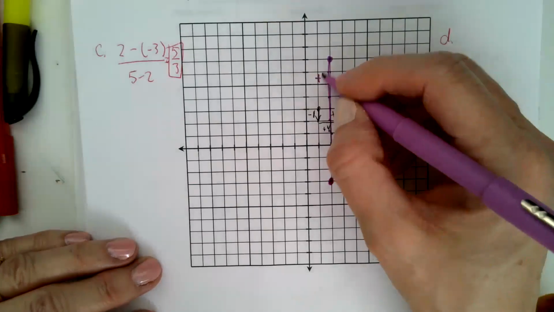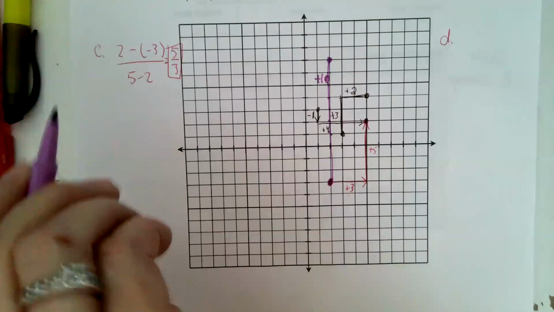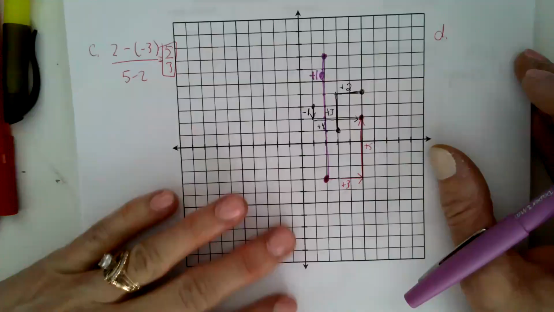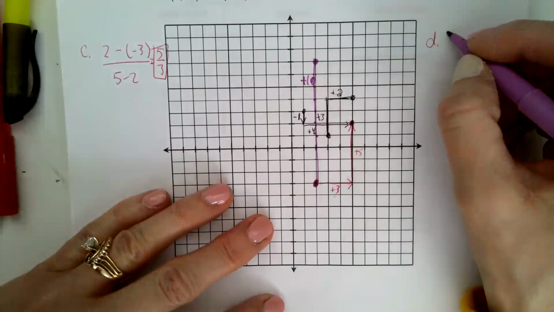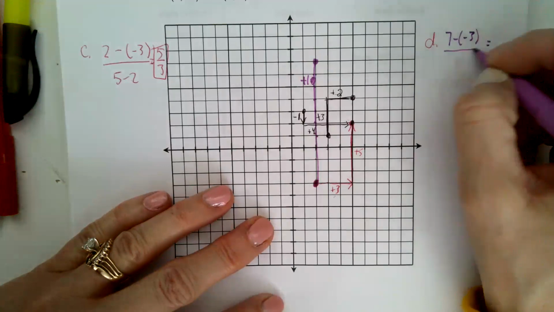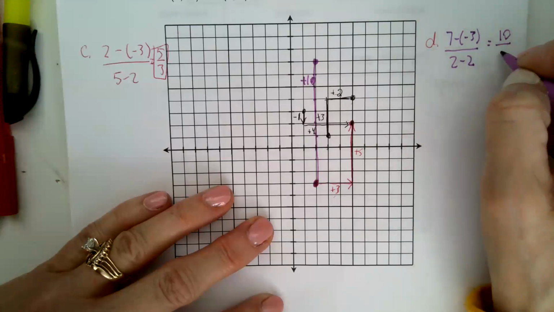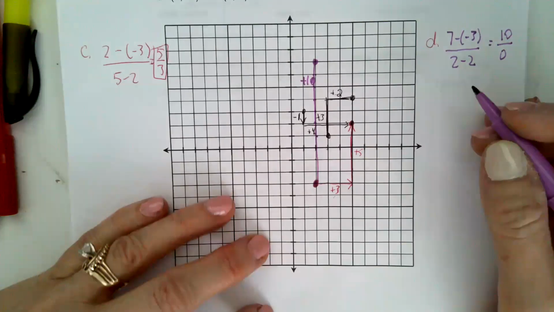A plus 10 over, I don't have any X change. Okay, changing my X's. So let's look at this. It is 7 subtracting a negative 3 over 2 subtracting 2. So it becomes 10 over 0.